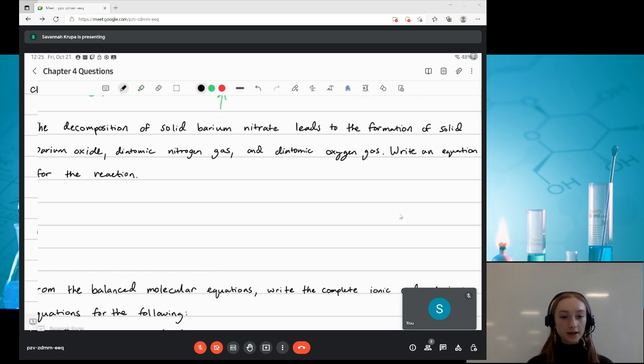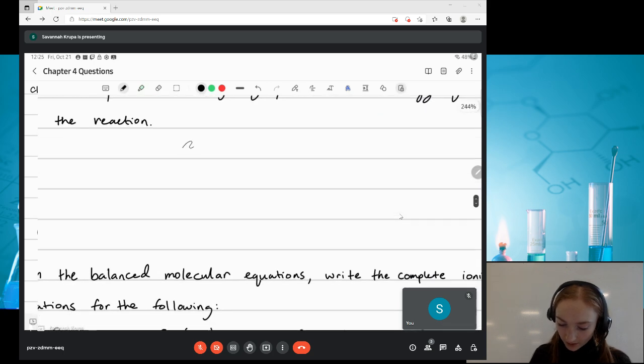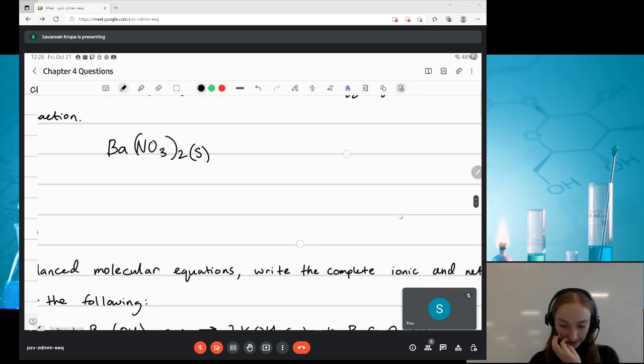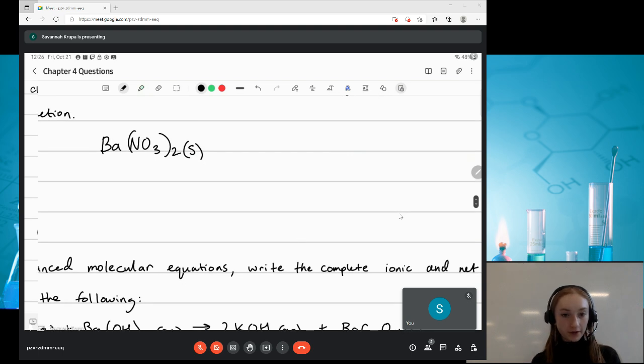So what that looks like here is we have solid barium nitrate, so let's write that down. It would be Ba, and then NO3, and then we have two of those. It gives us in the problem that that's solid, so that's what that looks like for that compound.